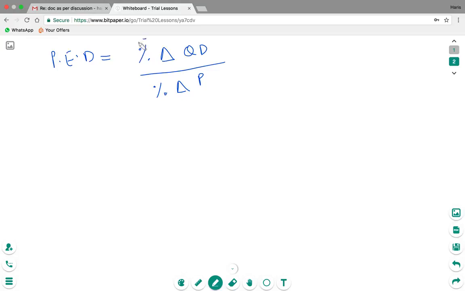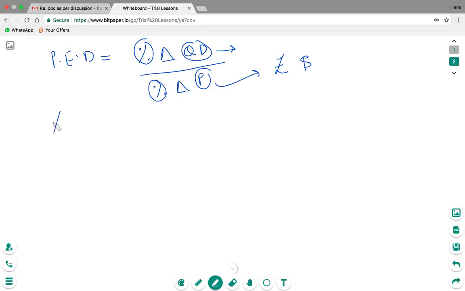Notice here that we are using percentage changes, and this is to bring the unit of measurement for both of these into one, because price is represented by currency, for example pounds or US dollars, whereas quantity demand is represented by volume, let's say 10 pieces of bread, 5 pieces of bread. So for us to bring them into one unit of measurement, we take a percentage change in both of them.